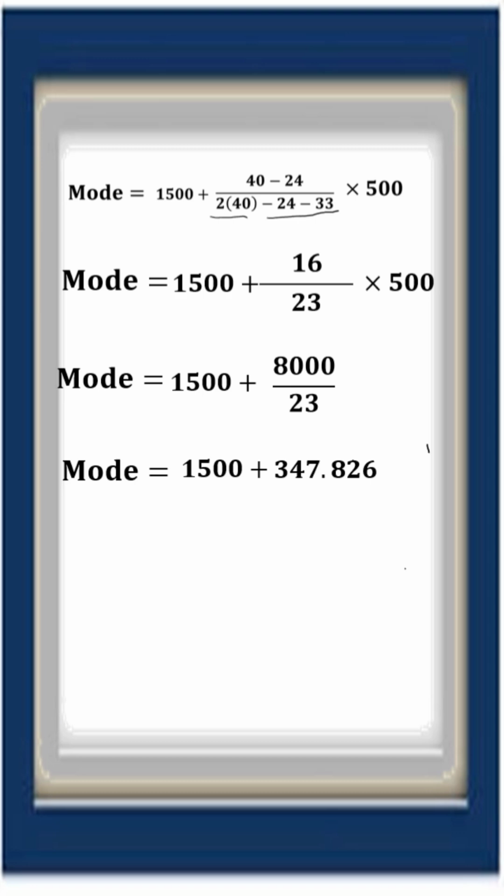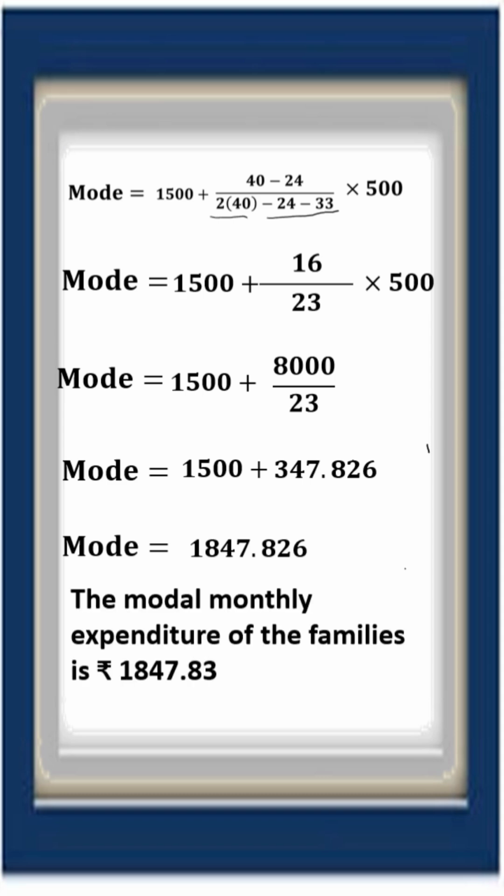If you add 1500 and 347.826, you will get 1847.826. So the modal monthly expenditure of the families is rupees 1847.83.